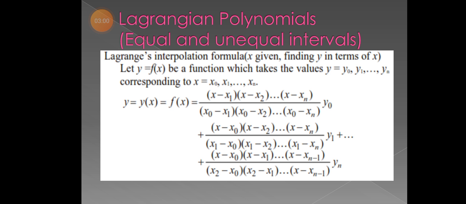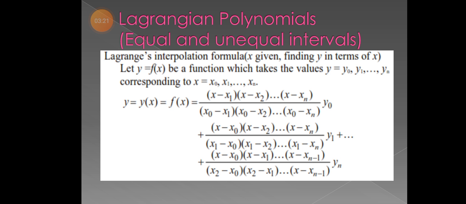In the numerator, we have x minus x1, minus x2, minus x3, throughout. In the denominator, every value is the same as in the numerator, except that instead of x they use x0.